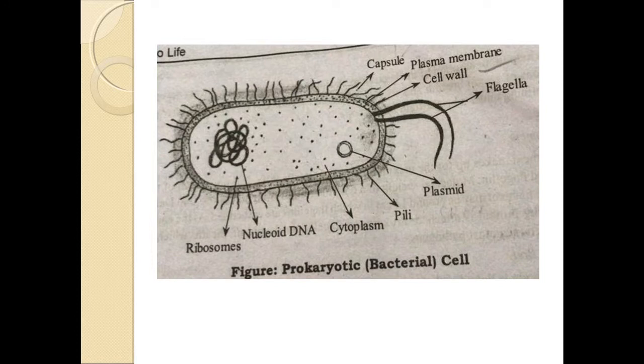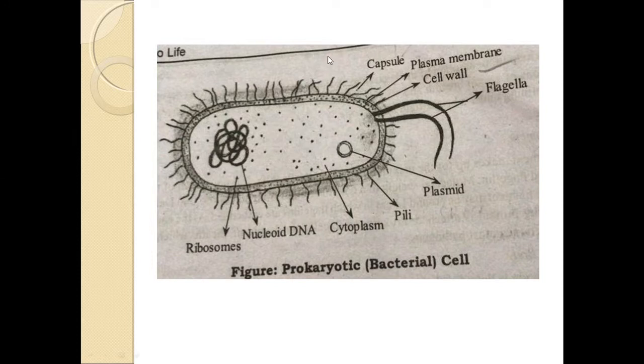Bacteria differ in shape. We have different shapes of bacteria. Some will be in the form of chains, some will be rod shaped structures. The external components of the bacterial cell, you can see here, glycocalyx, capsule.